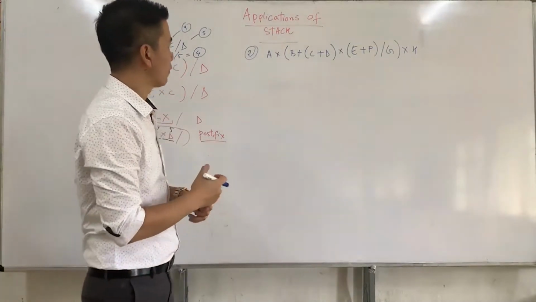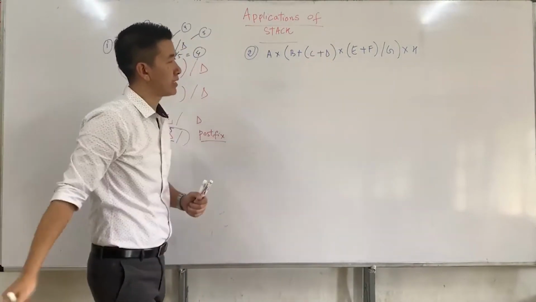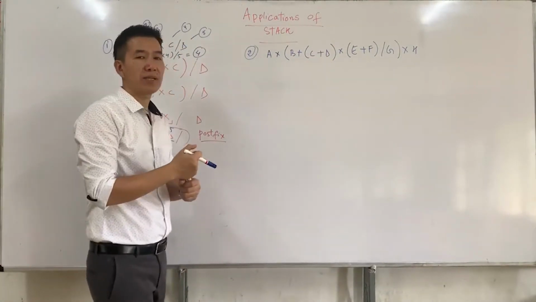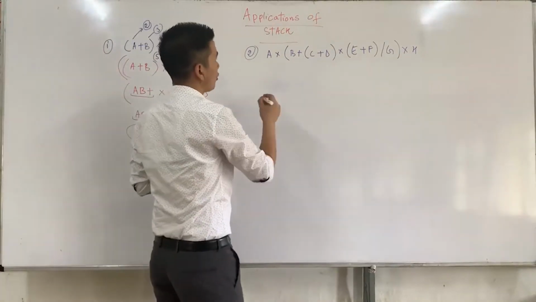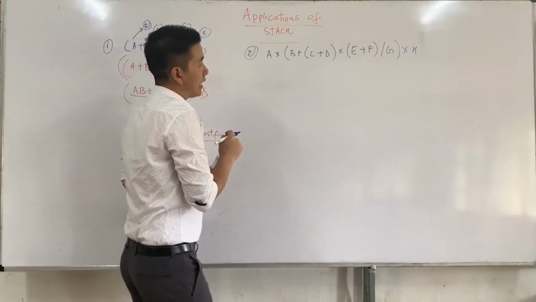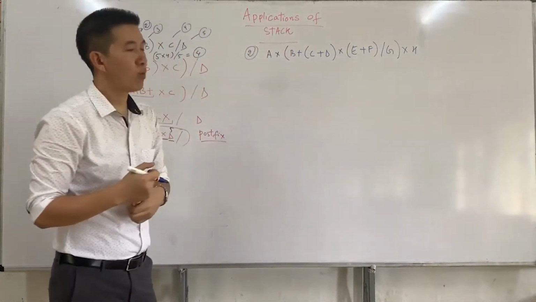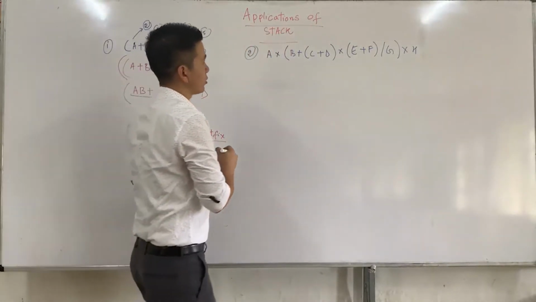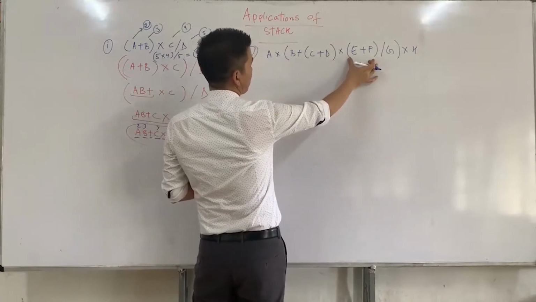Again, when you look at this expression, you need to use the parentheses to highlight the evaluation order. For us it's pretty simple. This would be the first, that would be the second, but ultimately it's the machine which has to carry out the operation. As you could clearly see, the innermost brackets are the first ones to be evaluated, right? So this will be the first one, and then followed by this.